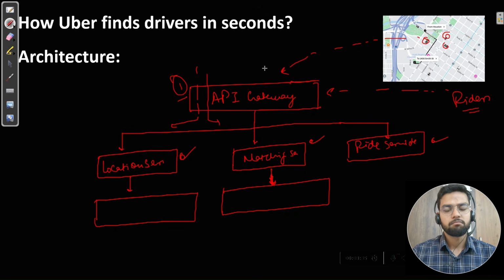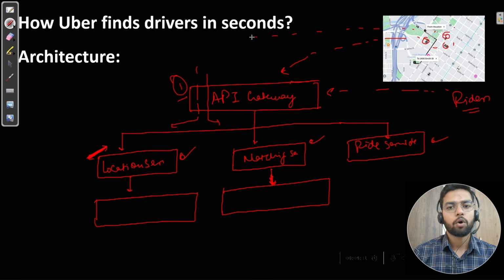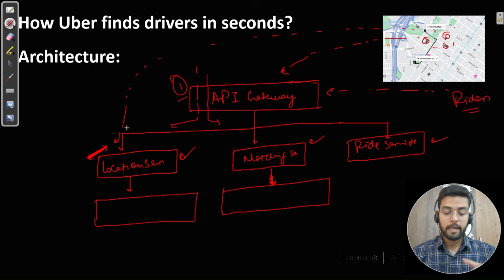Every request comes through the API gateway. The next service is our location service. This is the service that every driver's phone talks to, sending the location, latitude, longitude, and driver ID every 3 seconds.